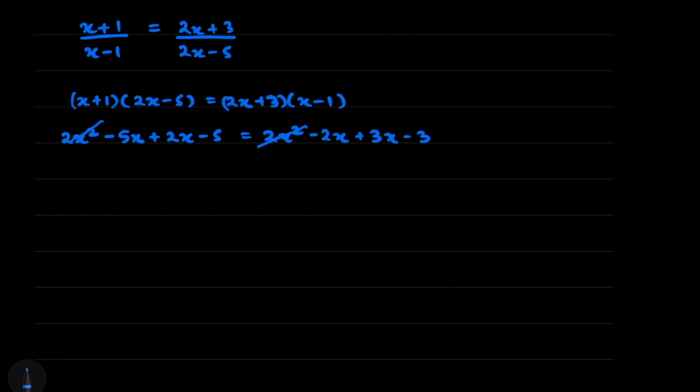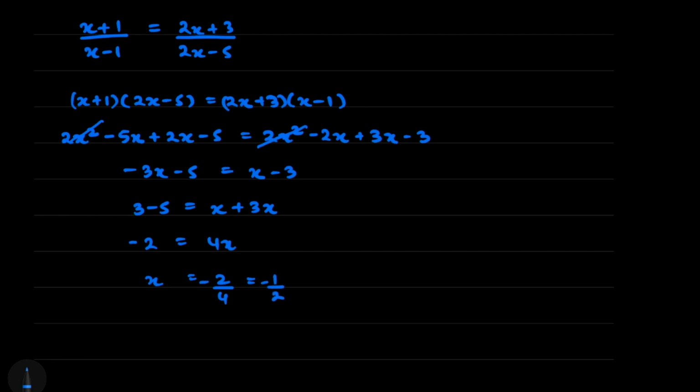So our 2x squared gets cancelled out. We are left with minus 3x minus 5 equal to x minus 3. We'll put the numbers together and the variables together. And that comes out to be 4x equal to 2. x is equal to 2 by 4. And that comes out to be minus 1 by 2. So that's how we solve this.